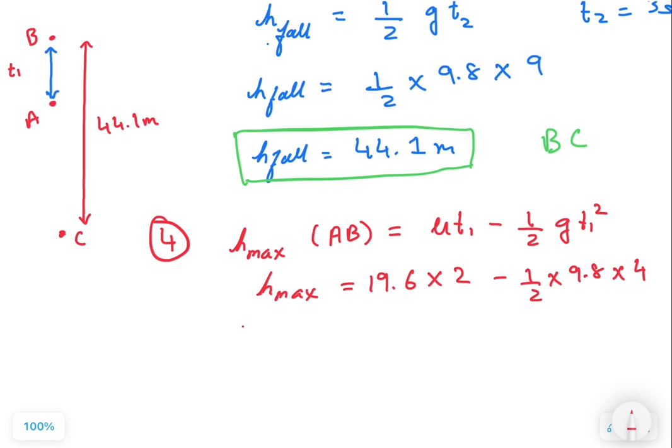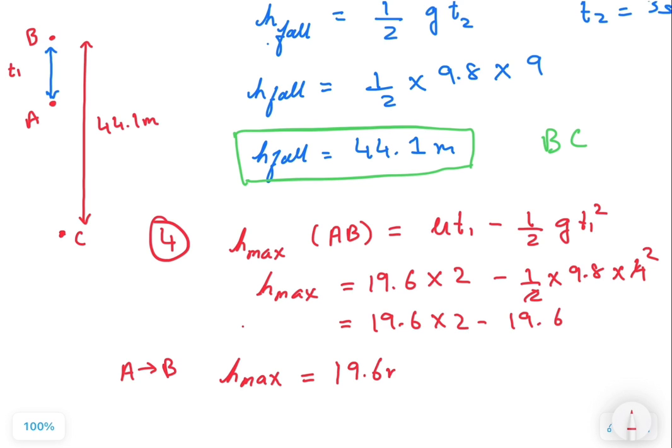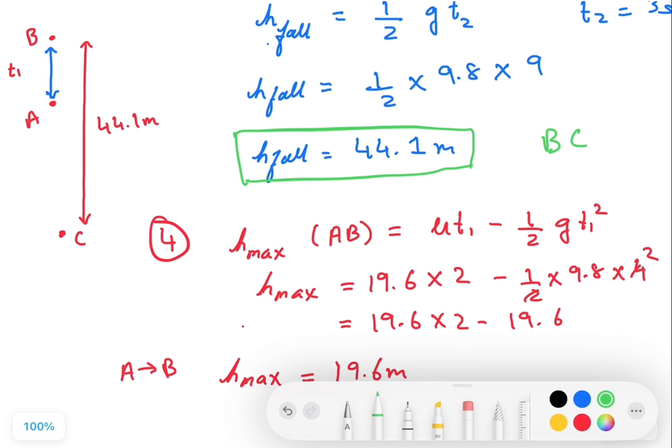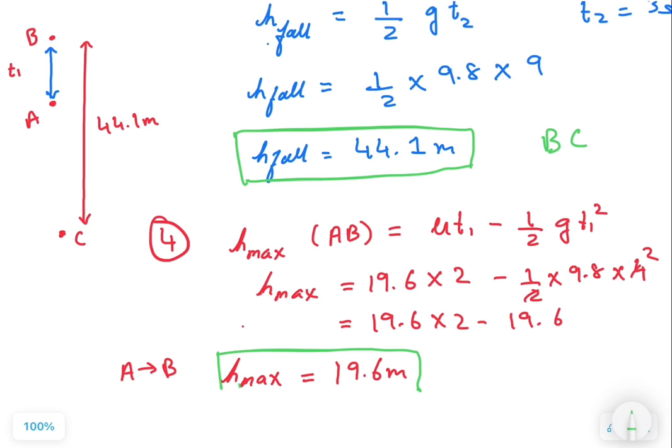So this would be 19.6 multiplied by 2 minus 19.6. So h max, the A to B distance, would be equal to 19.6 meters. Now we can find the height of the tower.